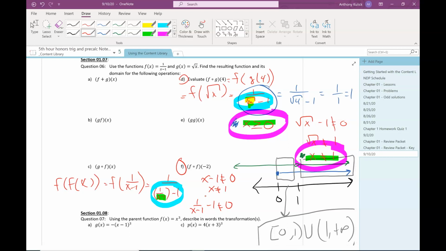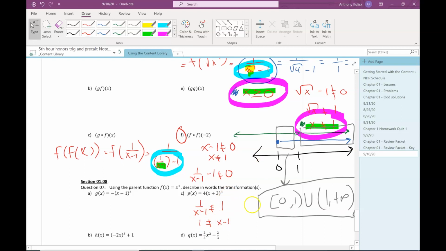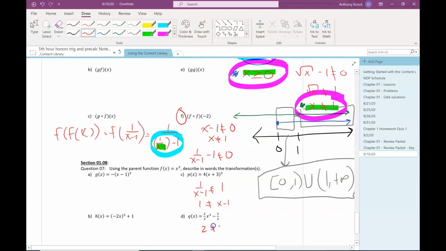So the first one, it's easy enough to solve and get just x can't equal 1. This one, I will add the 1 to both sides, and then I'll cross multiply, and then I'll add the 1 to both sides. I got that. Is everybody okay there? Jason, you're still okay? Okay.